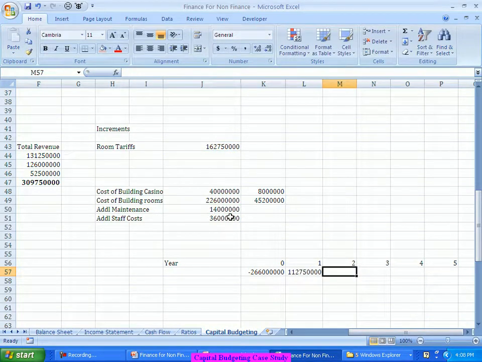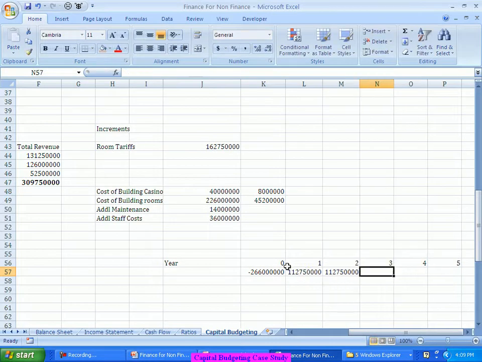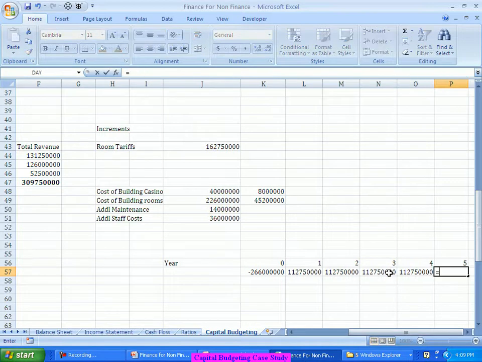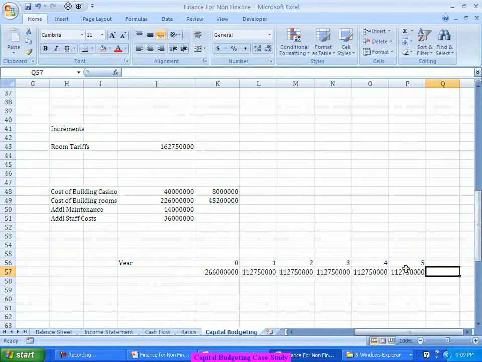The next year, I will get 11.27 crores in the next 1 year. Similarly, assuming that nothing is increased, no prices are increased, every year I will get this 11.27 crores. This is what is my scenario.